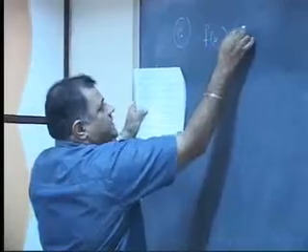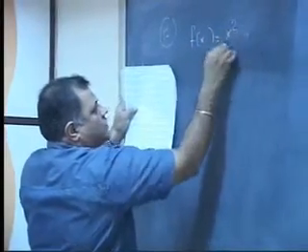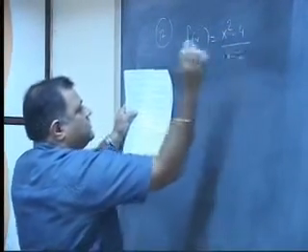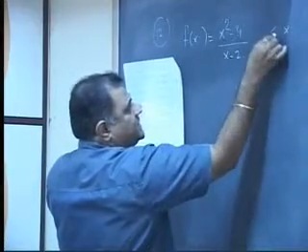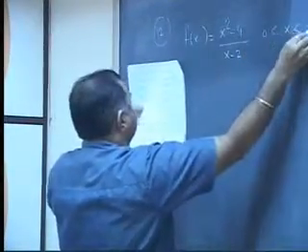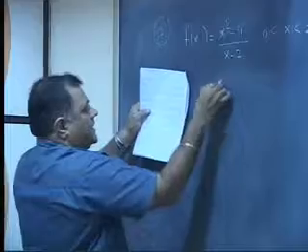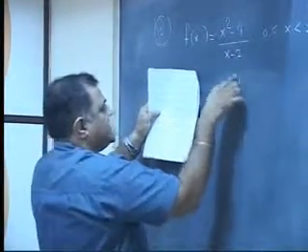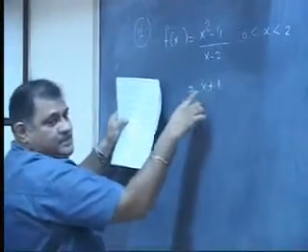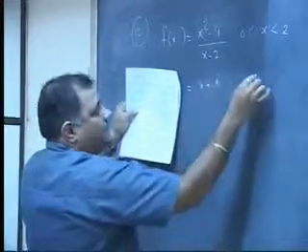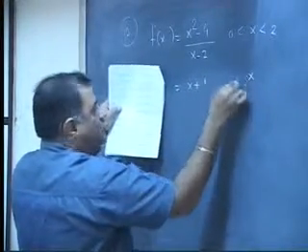Function is x square minus 4 upon x minus 2 when x is between 0 and 2, and x plus 1 when x is between 2 and 5.